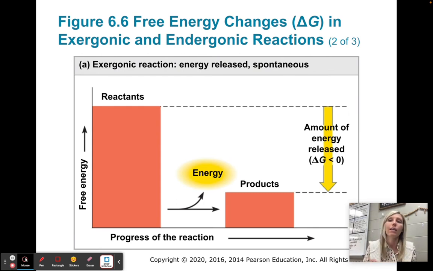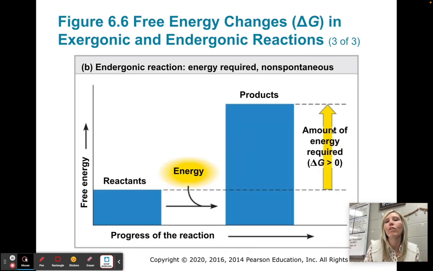If I were to take the energy that was released from this reaction and somehow find a way to store it in another molecule, then I would have taken that money back and put it back into the piggy bank. You're not going to see a negative change in free energy here. You're going to see a positive change. So this positive delta G, we started with this amount of free energy and now it's increased. It's increased in the system because it's kept in the system and it's stored inside of the molecule.